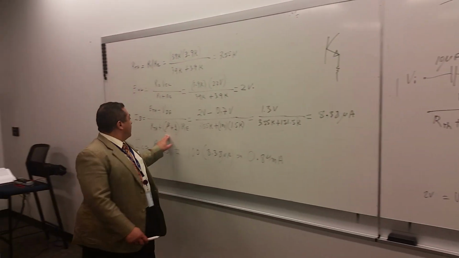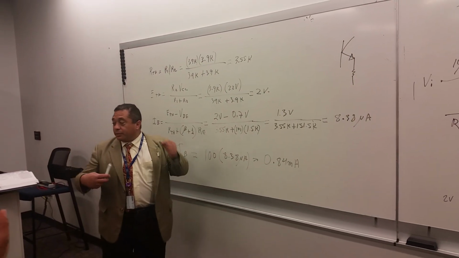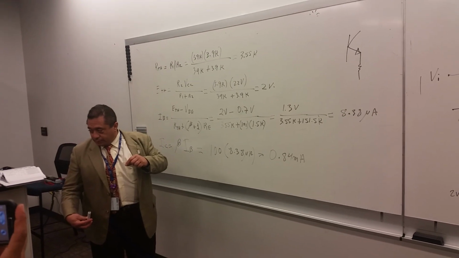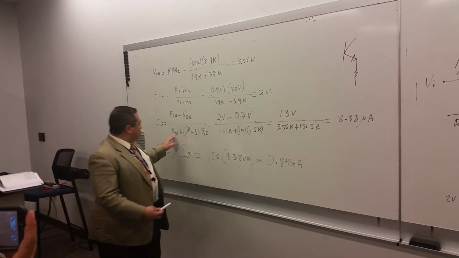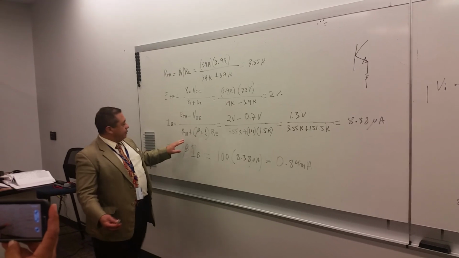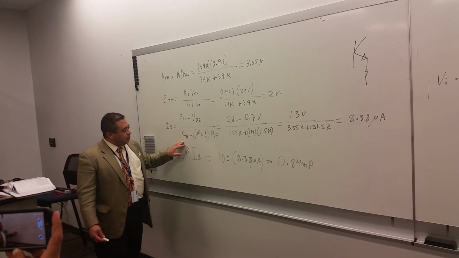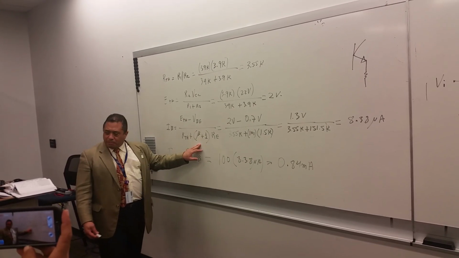Okay. Current is voltage divided by resistance, right? So up to this point, we're fine. R Thevenin plus RE. But now we see this beta plus 1.